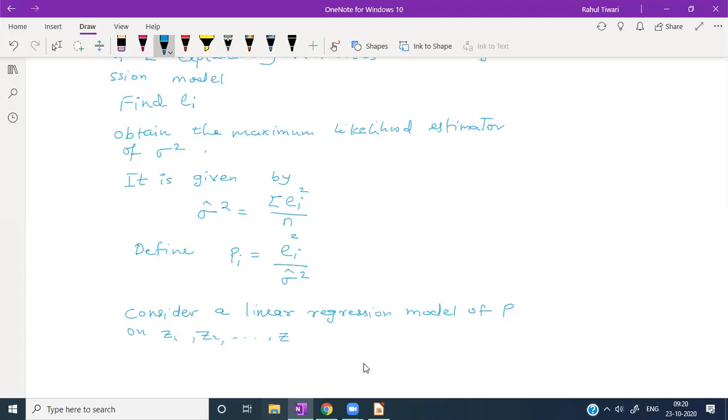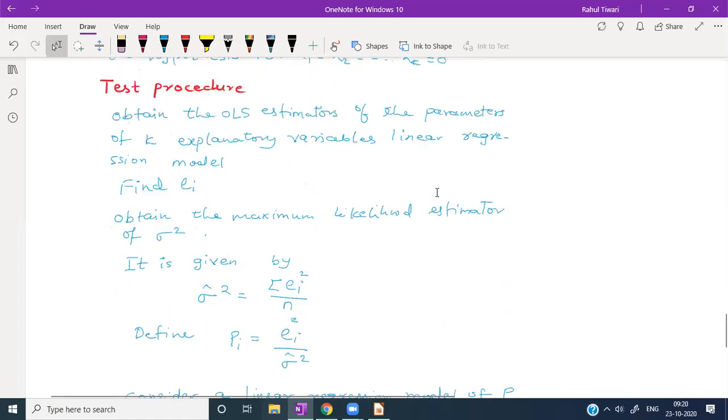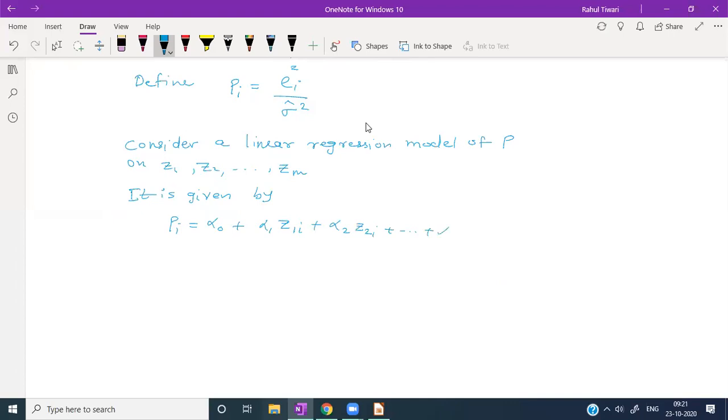So here, if you see the z values, z1, z2, zm, it is given by pi is equal to alpha naught plus alpha 1 z1i plus alpha 2 z2i, and so on, alpha m zmi plus the vi term.